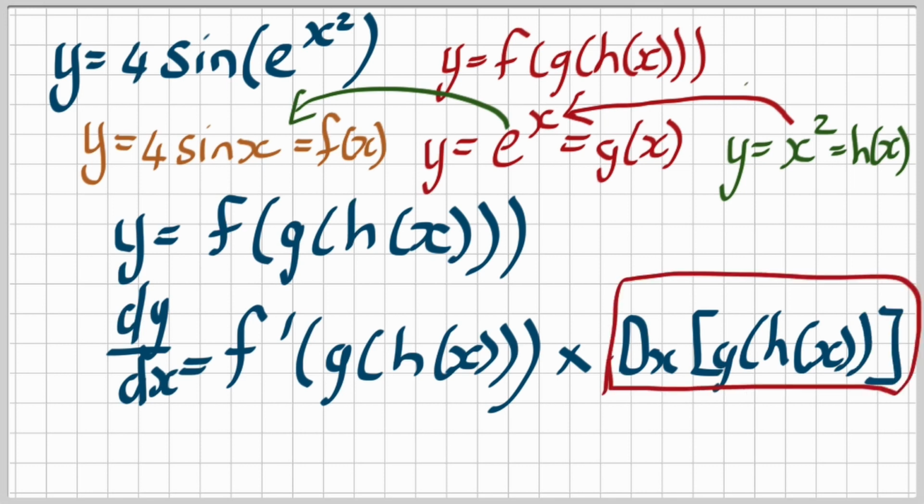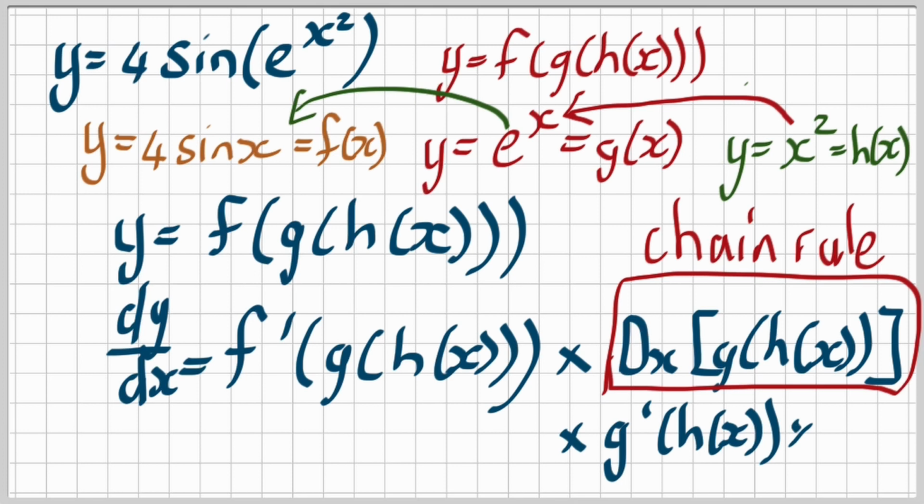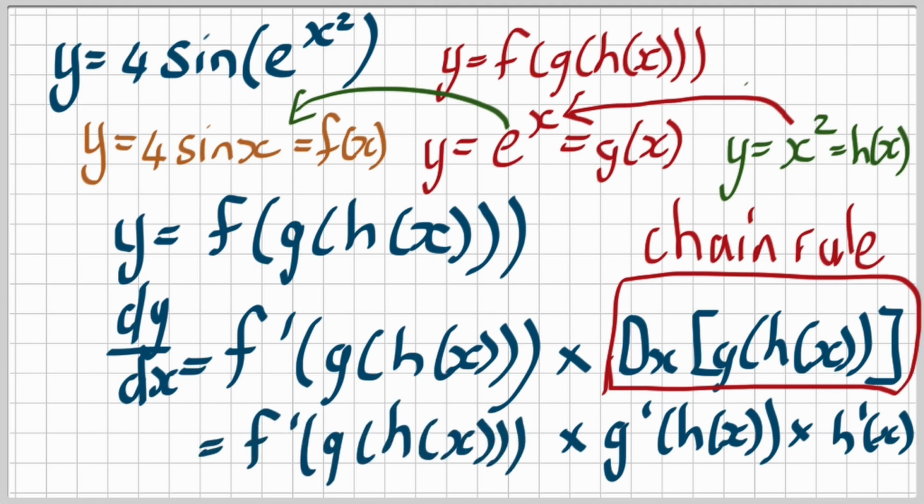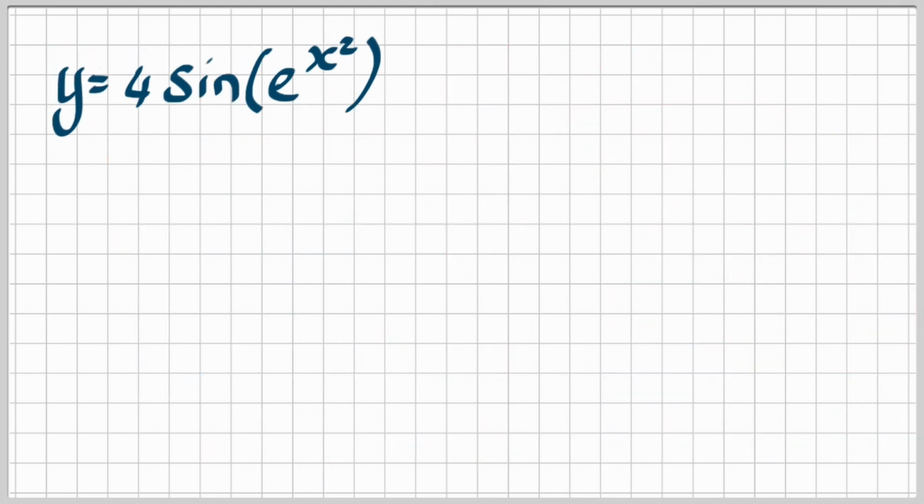But now the inside function is also a composite function, which means if I want to derive that function, I know that I've got to use the chain rule, which means I'm again going to derive my g and multiply that by the derivative of the innermost function, h of x. But I can't forget about that f prime of the big junk, the g of h of x. So go and try and derive this one yourself first.